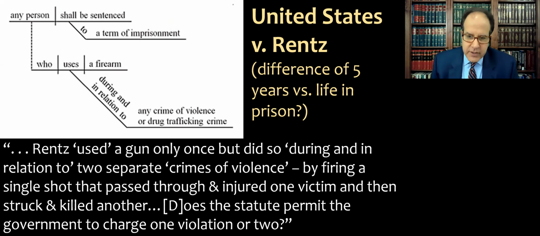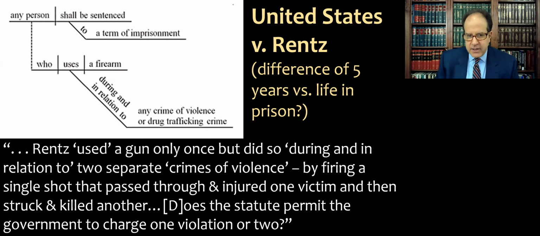So we have two victims. Is that two crimes? And in that case, can we apply the sentencing enhancement statute of 924(c) twice, or does it only apply once? Judge Gorsuch phrases this when he wrote the majority opinion in the case.